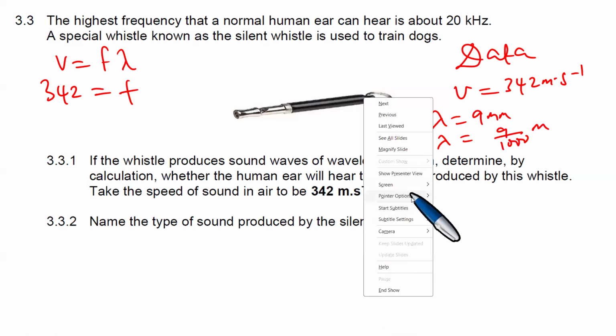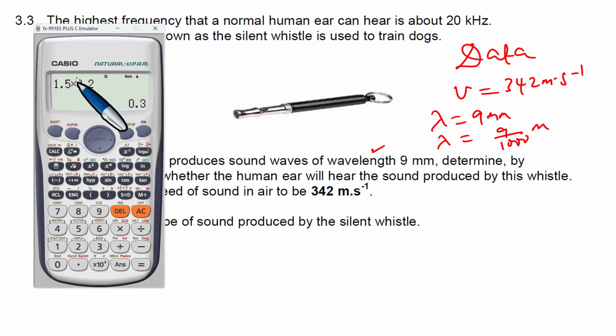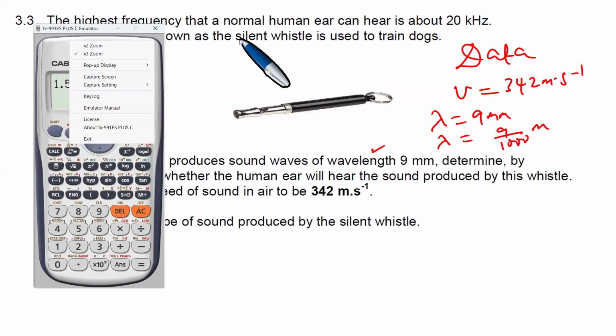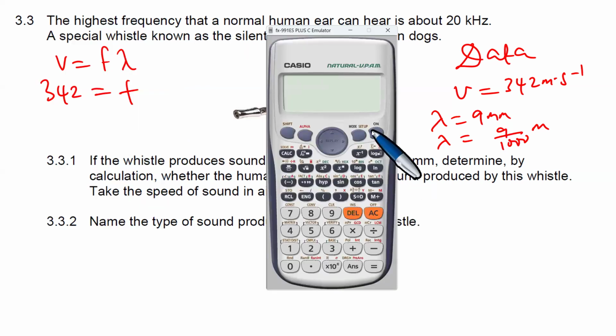Let us use our calculator and do this together. 9 divided by 1,000 is equal to what?